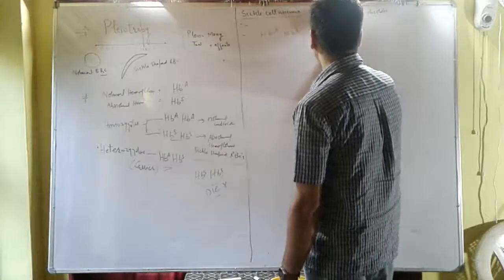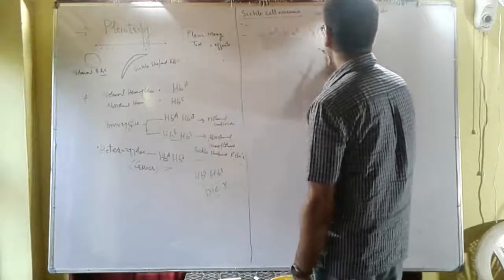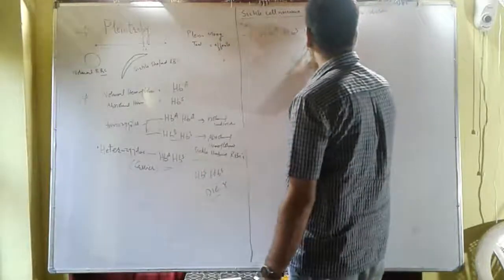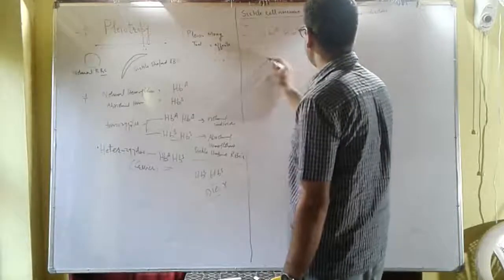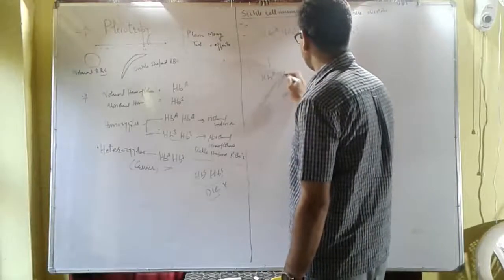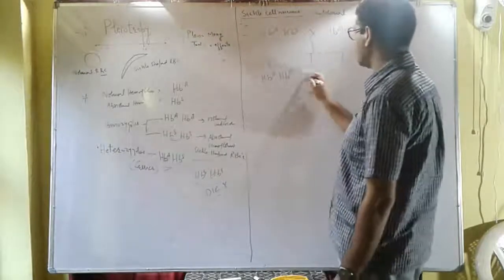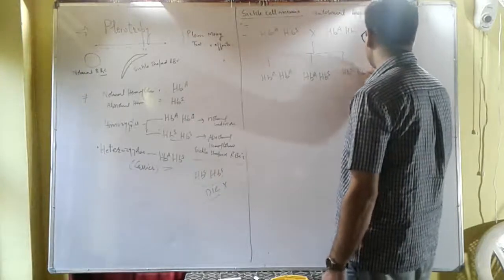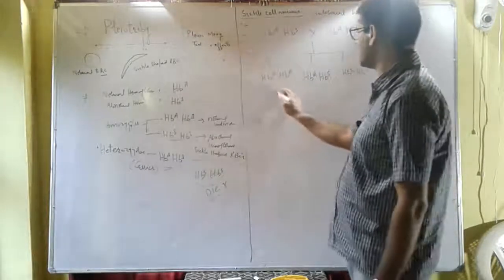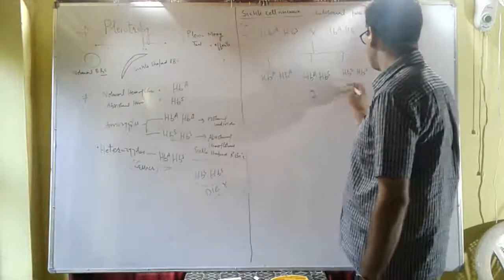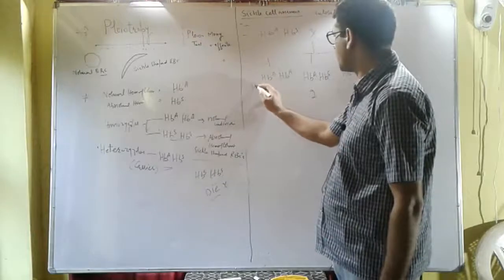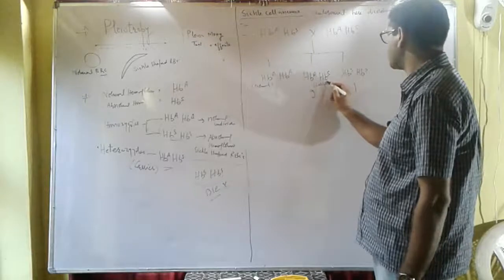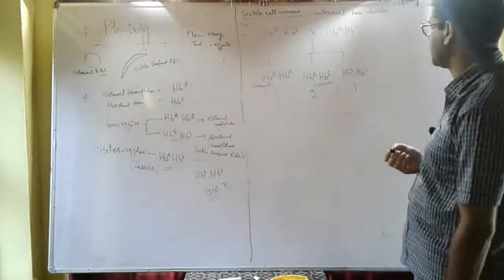We'll get children with three phenotypes: HBA HBA is one type, HBA HBS is another type, and HBS HBS is another type, in the ratio of 1:2:1. HBA HBA is the normal individual, and HBA HBS are heterozygous individuals, carriers of the sickle cell allele.